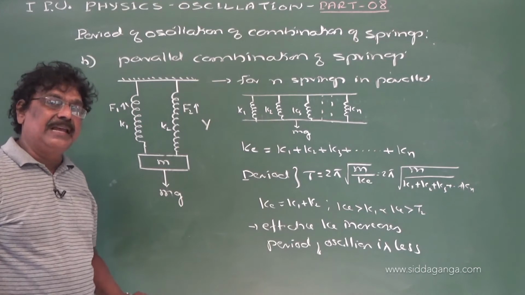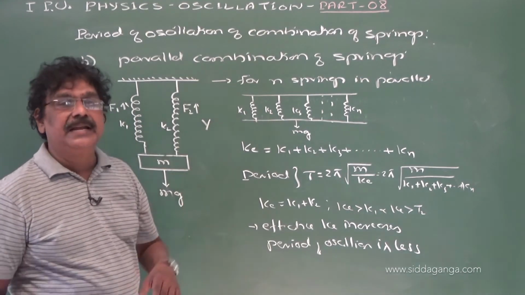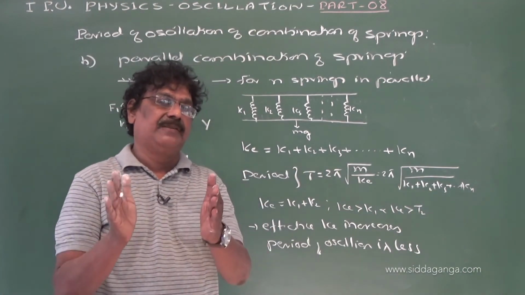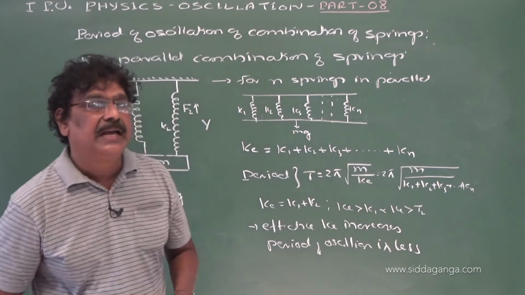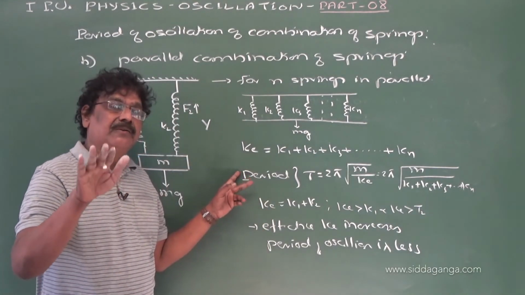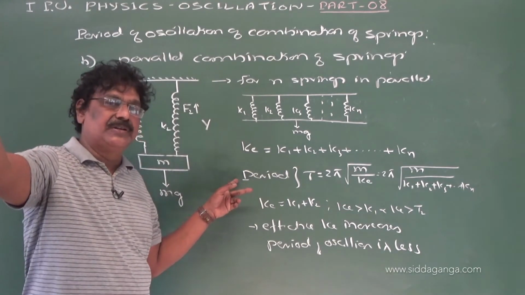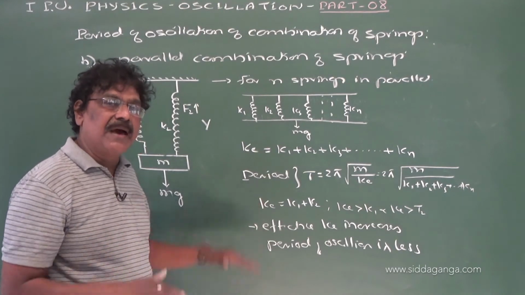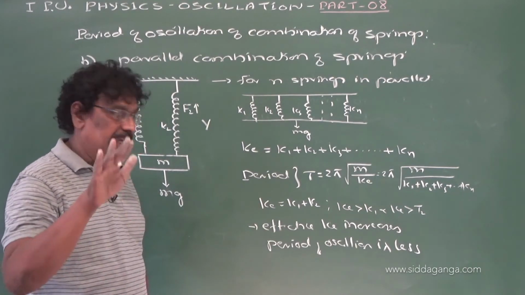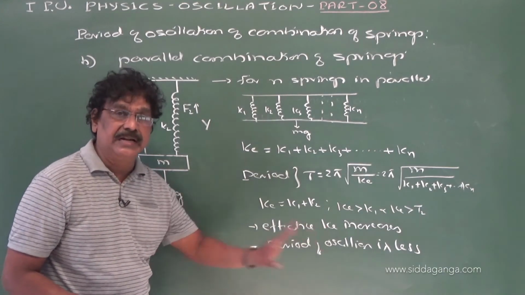So in series combination, the effective force constant decreases and the period of oscillation increases. In parallel combination, the effective force constant increases, but the period of oscillation decreases.